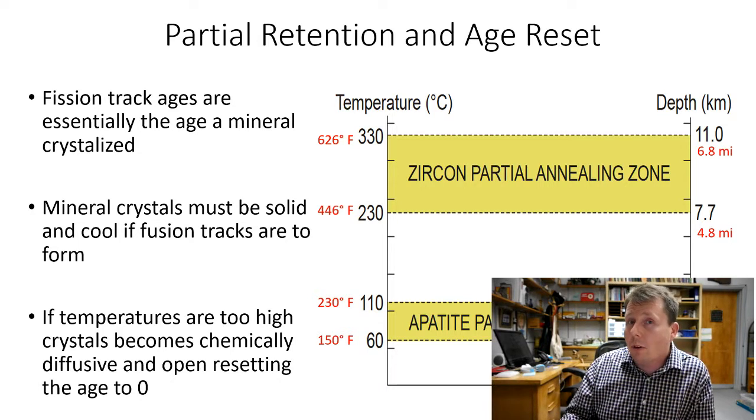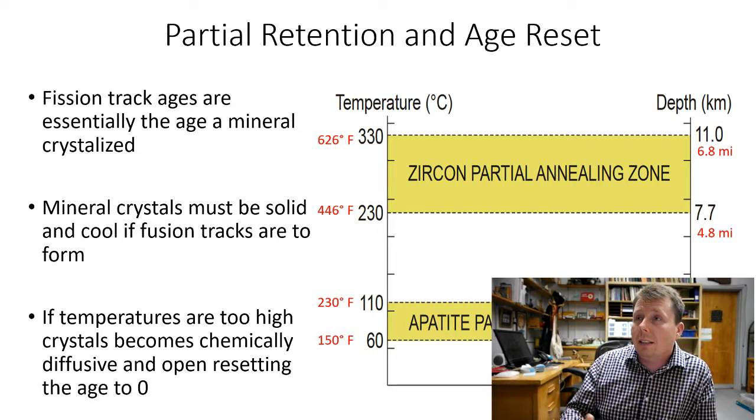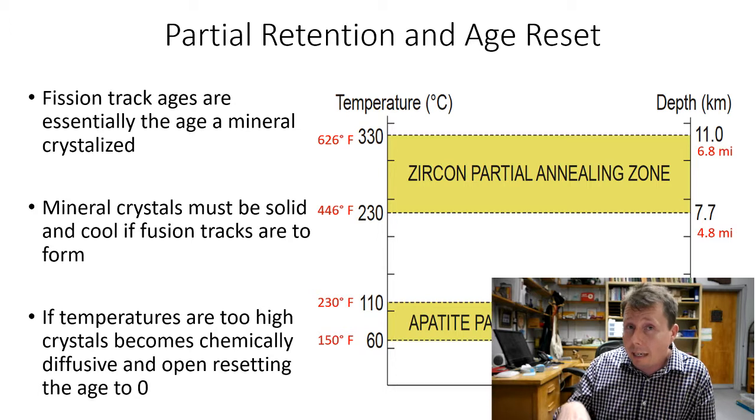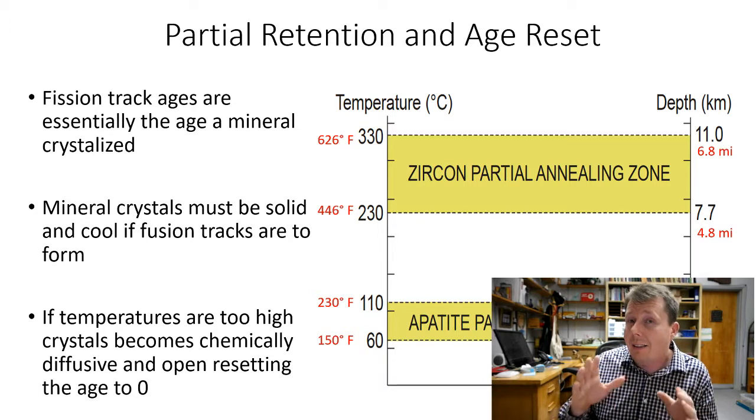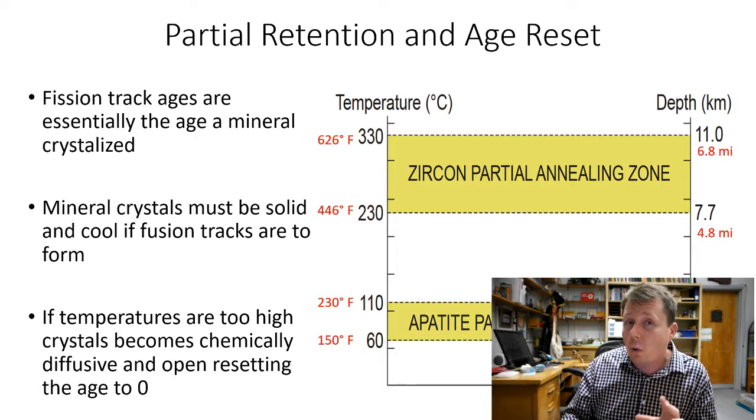So it's a little bit more forgiving, but still, on an Earth where there are incredibly hot temperatures below the surface, and sometimes even at the surface, this is concerning, and we need to watch out for these temperature zones when working with these minerals and doing fission track dating.